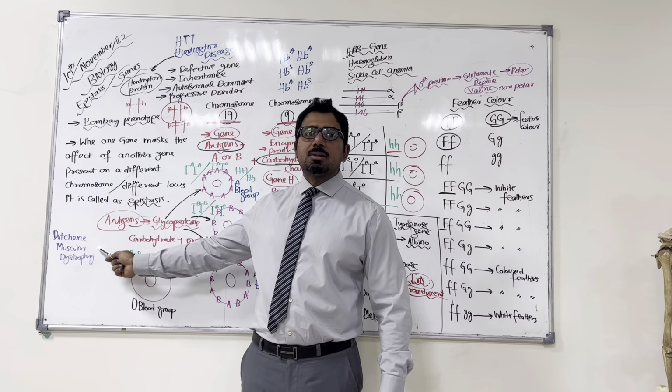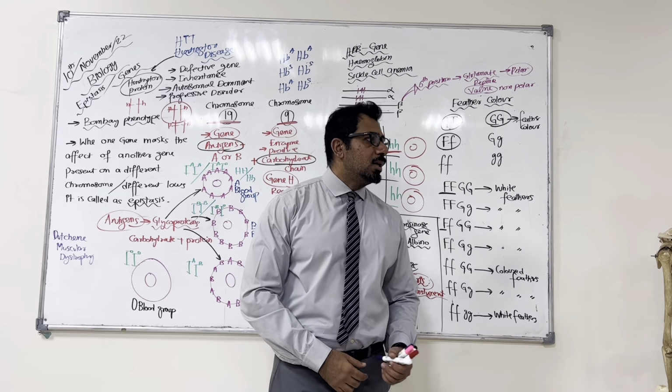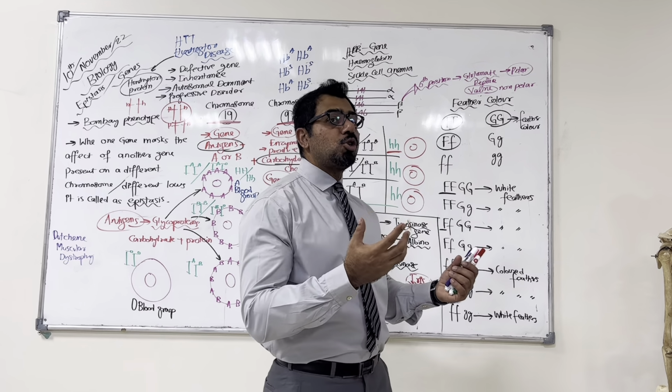Duchenne muscular dystrophy. Now, what is the meaning of dystrophy? Destruction. Yes. Now, again, this is also a dominant autosomal disease. The inheritance of this disease is also dominant autosomal.